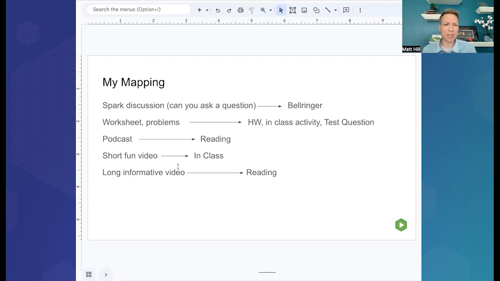At EconInbox, we will often make worksheets to go with the articles. And so if you have something like that, you could use that as an in-class activity. I will often use those as test questions. So, if I assign something or we talk about an article, I will then usually on the exam have a test question based on it.